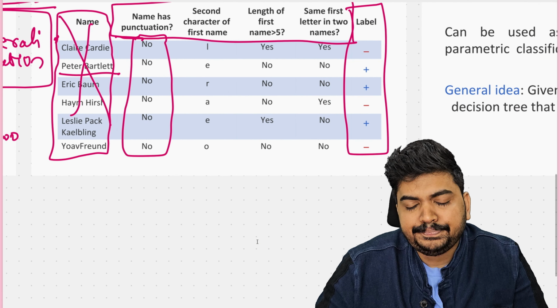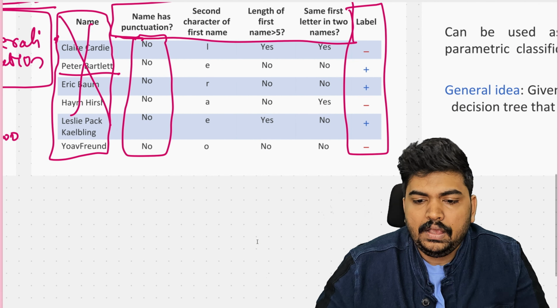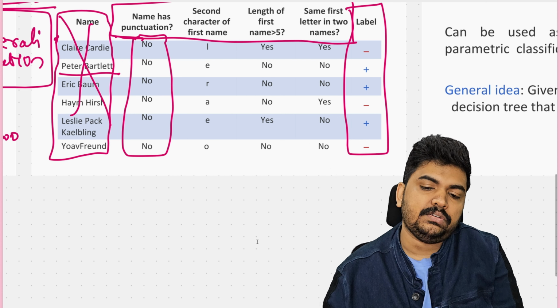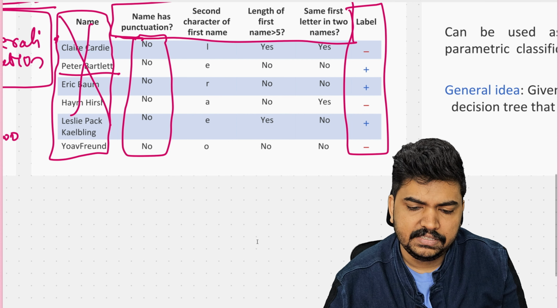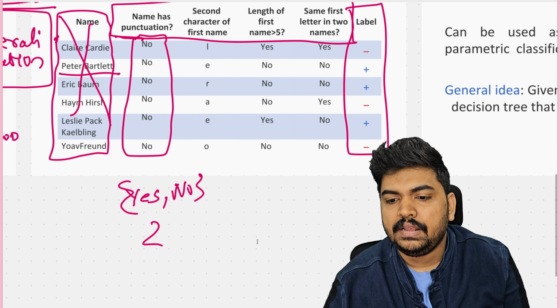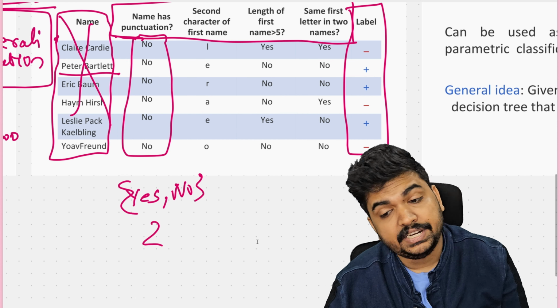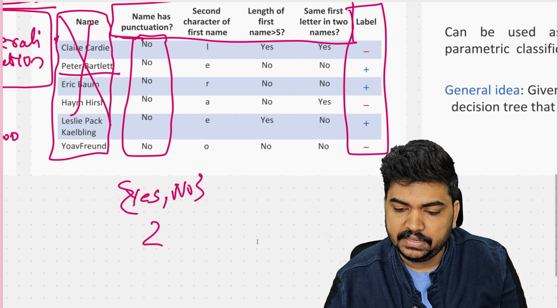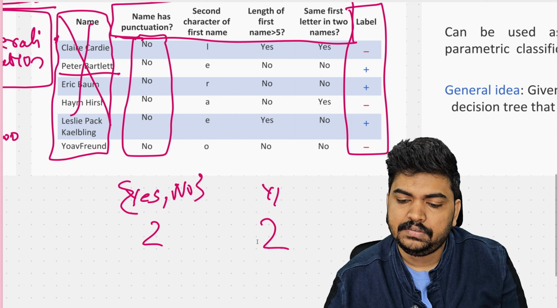So if you see here, feature 1, whether the name has a punctuation or not, is a binary feature. It either has yes or no. It's binary. Length of the first name is whether it is greater than 5. So the answer is either yes or no, which means again 2, right?